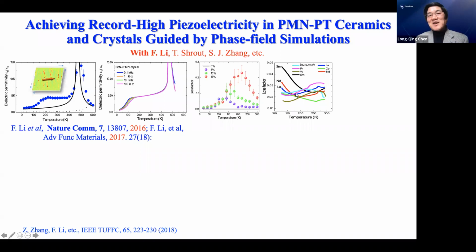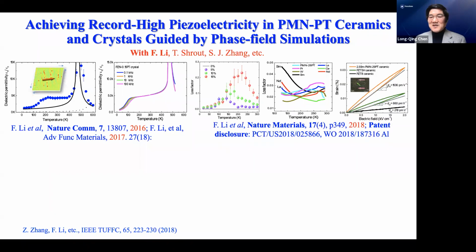So experimentally, we tried to pick a dopant which also gives a much higher low-temperature response, meaning contributions from this heterogeneity, which can promote polarization rotation under electric field and enhance the piezoelectric response.